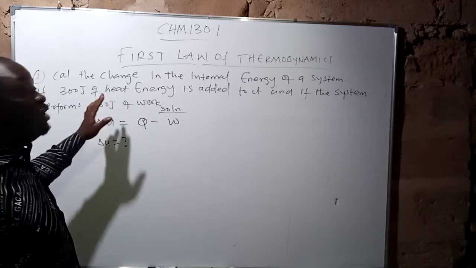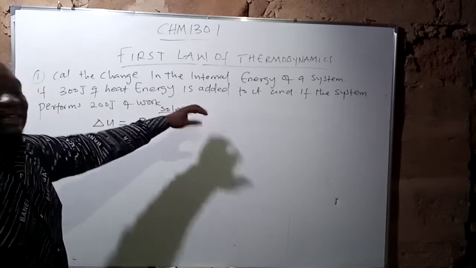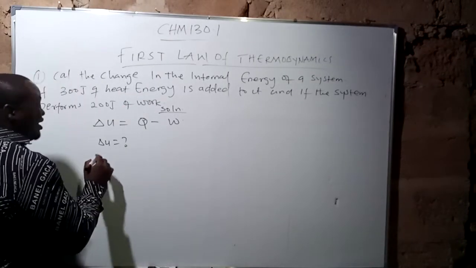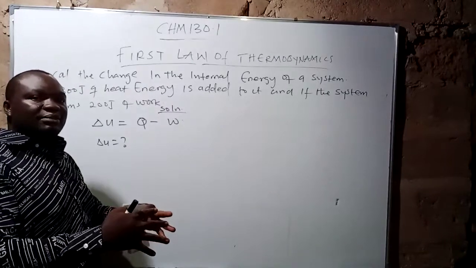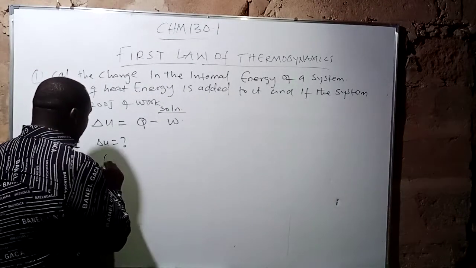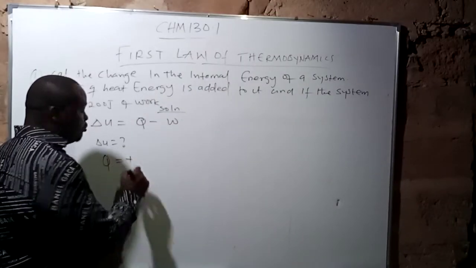If 300 joules of heat energy is added to it, please remember something. Whenever heat is added to a system, we're talking about an endothermic reaction, and that means our Q is positive.